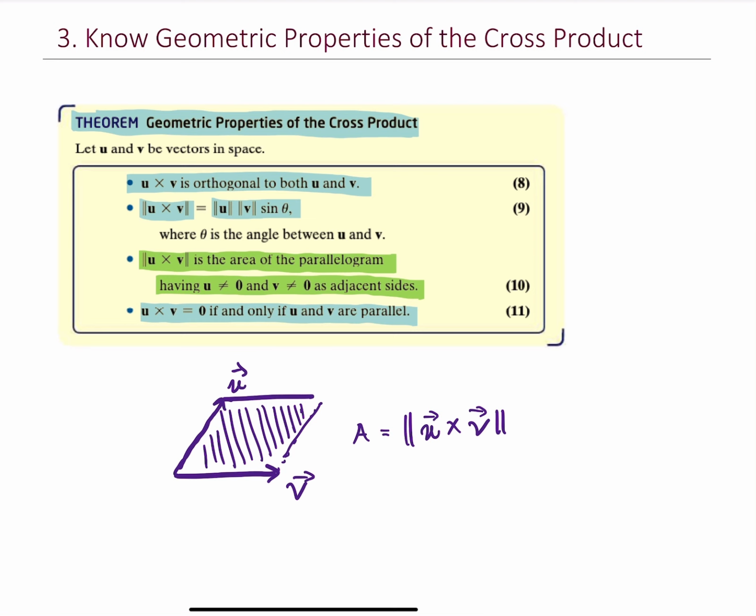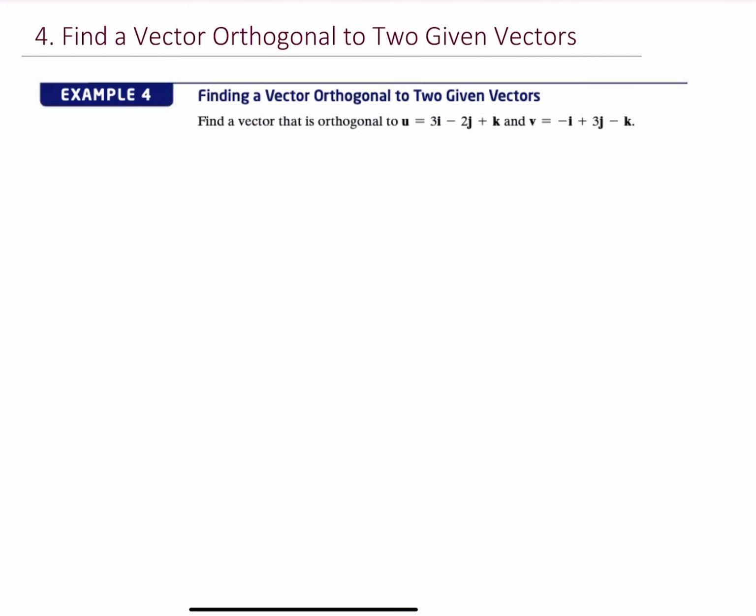So let's use this fact that the cross product of two vectors produces a third vector that is orthogonal to both of the original vectors. You might be asked to find a vector that has that property. So that's what we have here.